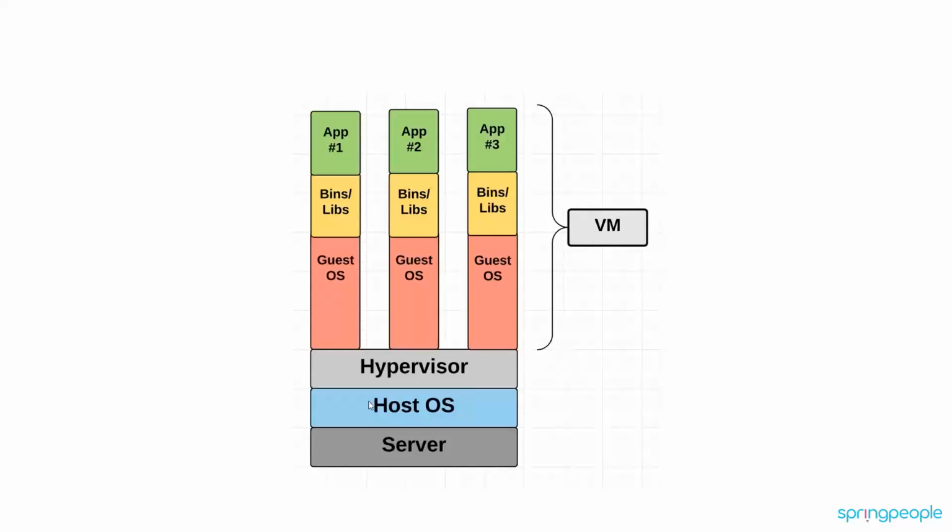And on top of that, we install virtualization software, whether it is from VMware or OpenStack, any of these hypervisors installed on the host operating system. Then on the virtualization, the operations team installs the guest operating systems. So these are the VMs on which we will be deploying our applications.